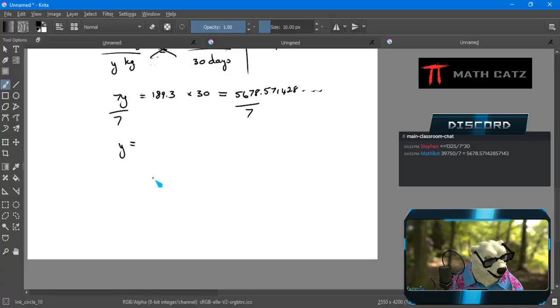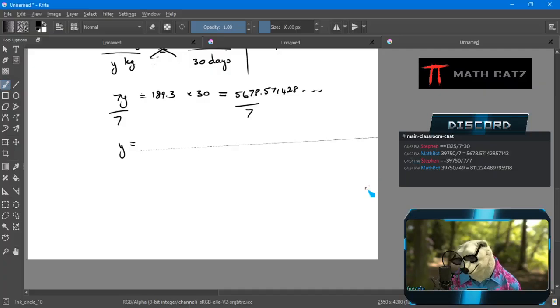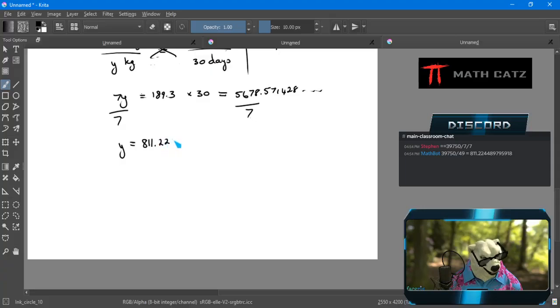I don't want to look for a pattern where there aren't any. Let's do that accurately. 39750 divided by 7 gives us 811.224489, blah, blah, blah.